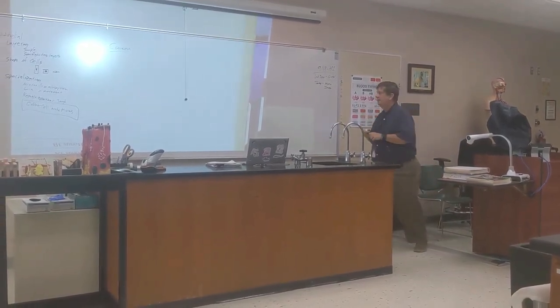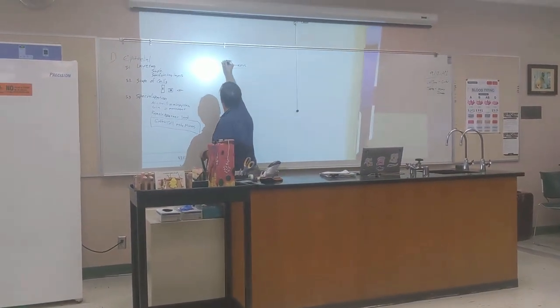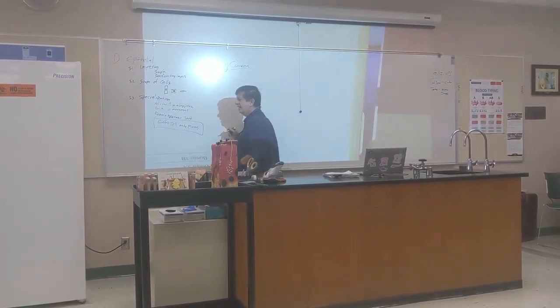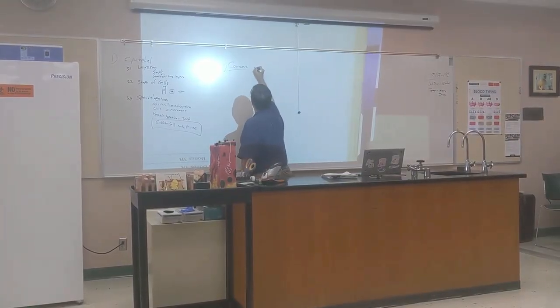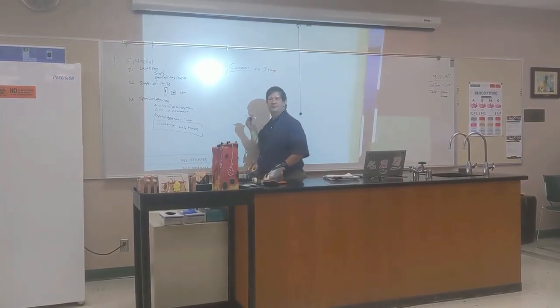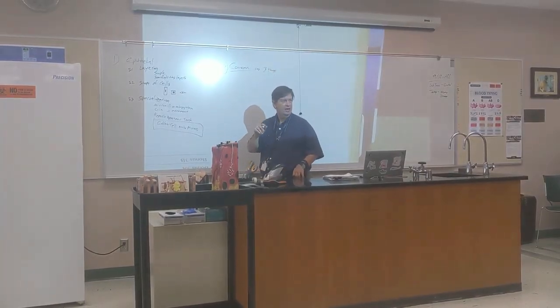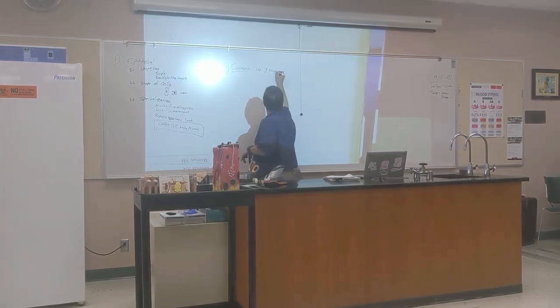Everybody good? All right. So let's talk about connective tissue, which is the second type of tissue. It has three things. All connective tissue has these three things. Are you with me? Not all in the same amount. And we'll give examples of differences, okay?